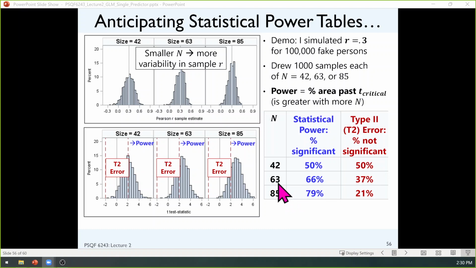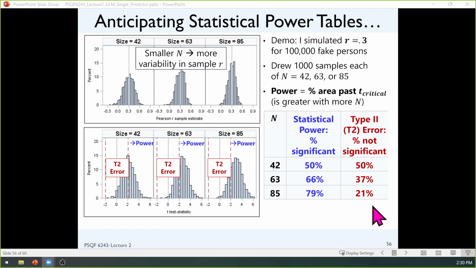I do a better job at 63 people. I get it right 66% of the time and wrong 37% of the time. And by the time I get to 85 people, I'm at just about the 80% mark that I'm supposed to be aiming for. So this last row is what we are told in the social sciences we should strive for.